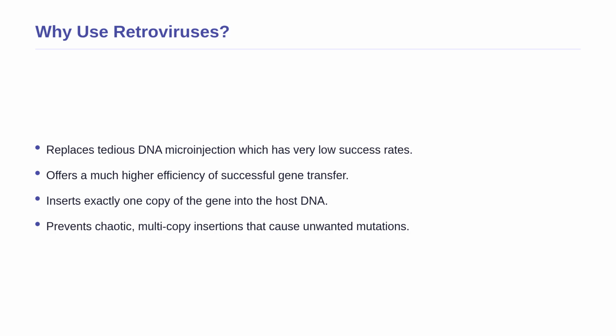Furthermore, retroviruses typically insert exactly one copy of the gene into the host DNA. This is crucial because it prevents the chaotic, multi-copy insertions that can disrupt normal cellular functions and cause unwanted mutations. This reliability makes it a foundational technology for modern gene therapy.